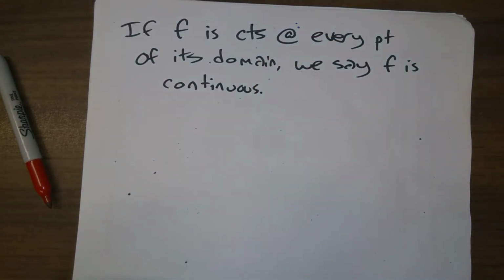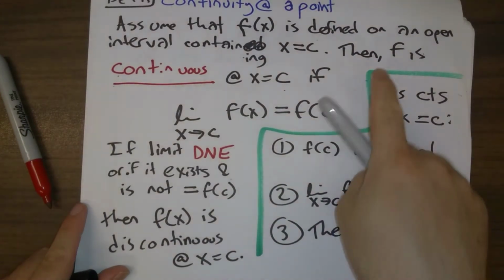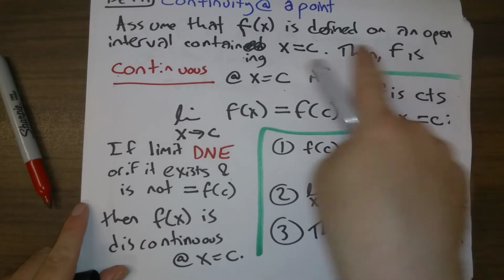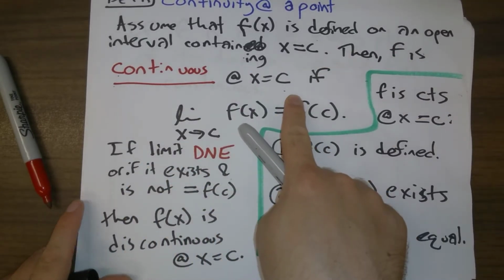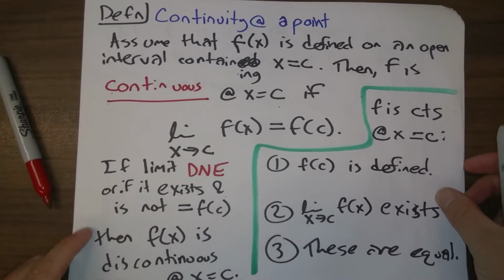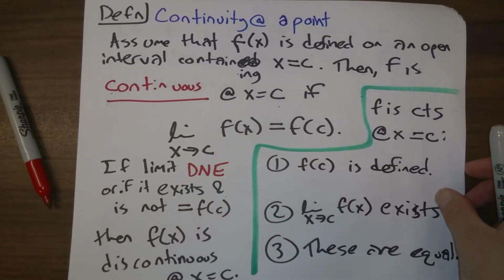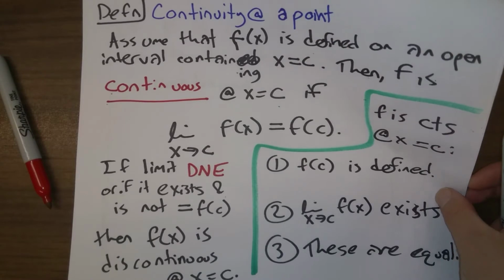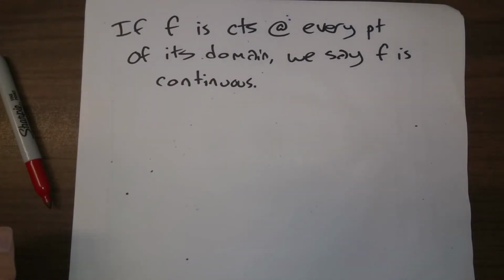So note that what we did before is define what it means for f to be continuous at some given point. That piece of paper is only talking about what it means for f to be continuous at x equals 3 or something like that. This is saying that if it's continuous everywhere in its domain, we can just say the function is continuous, and we don't have to say it specifically for every single point.